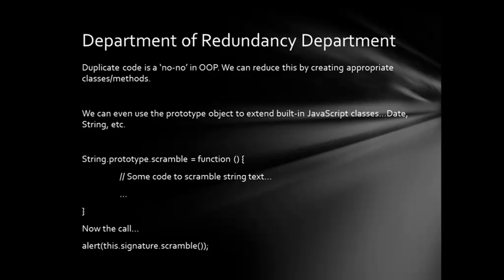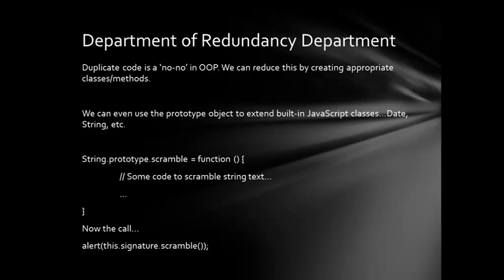We can also use the prototype object, that class thing, to extend JavaScript classes. So we can take the string object, which is built into JavaScript, prototype it, and have a scramble method that could take a string of text and scramble the words all up.